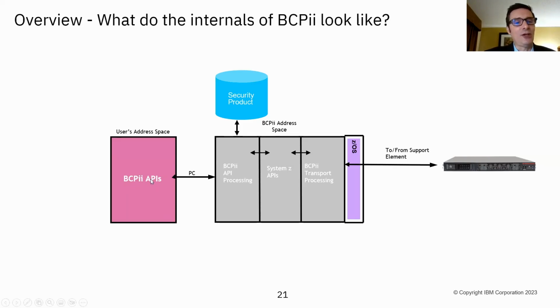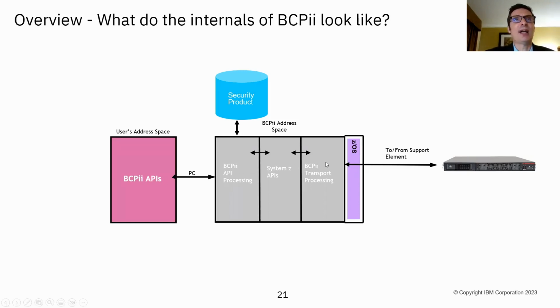Once the application issues a BCPii API, that request is going to flow over into the BCPii address space, where we're going to check the security and make sure you have authority to the type of request you're doing. And then we're going to go through some lower levels of the BCPii address space that get that request ready to be sent as a hardware instruction to the actual support element.